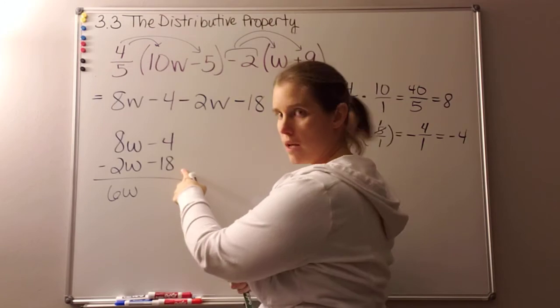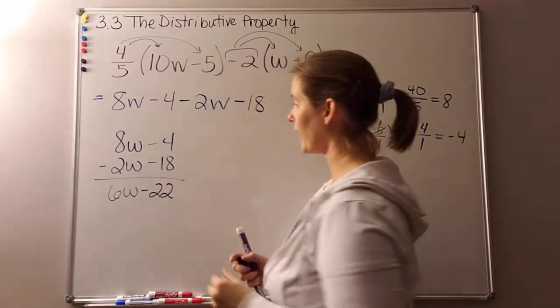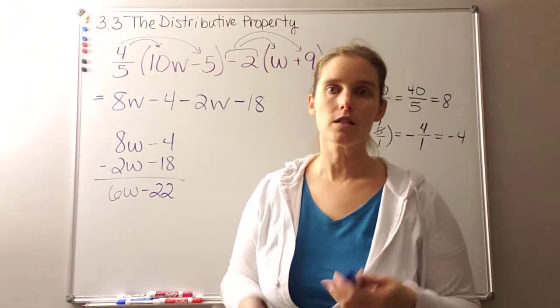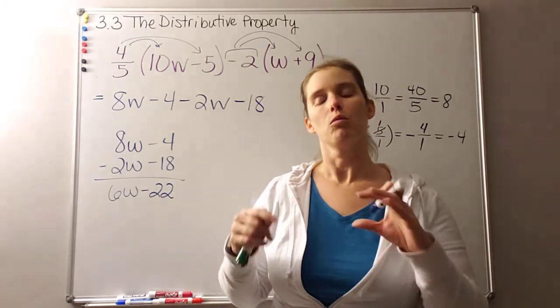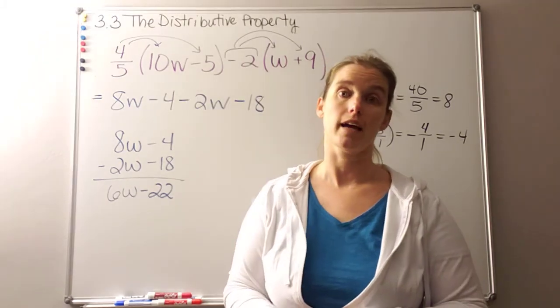Negative 4, take away 18 more, should be negative 22. And that's your final answer. So keep order of operations in mind. Think about how the distribution works and how you combine like terms. We're really just continuing to put things together that we've been talking about over the last couple of weeks.